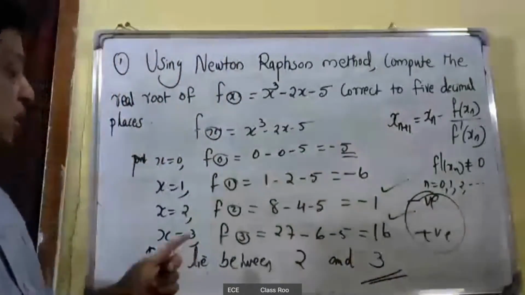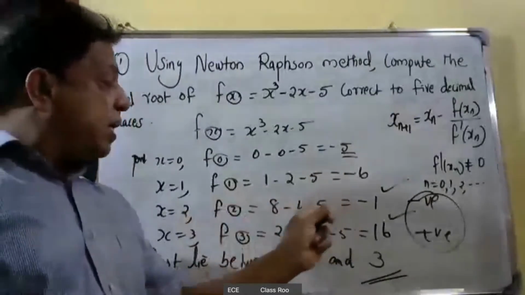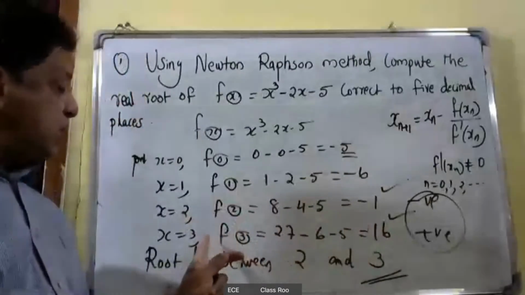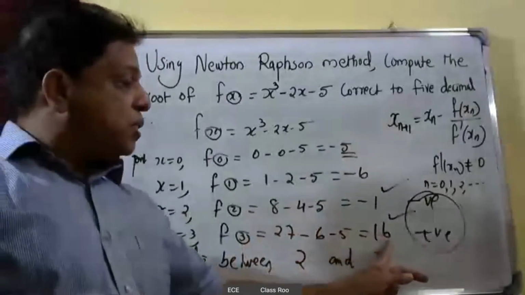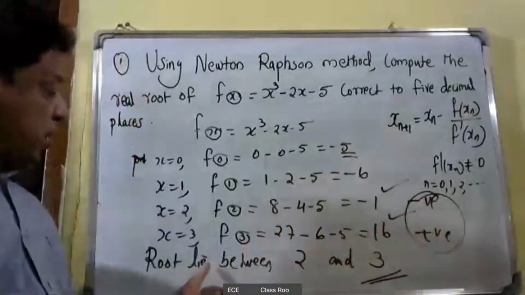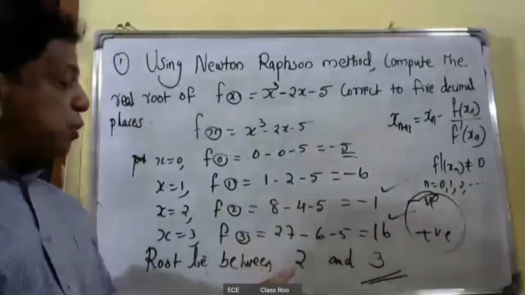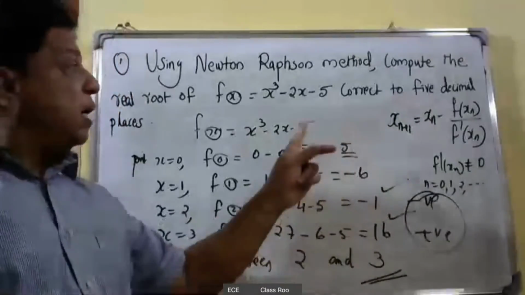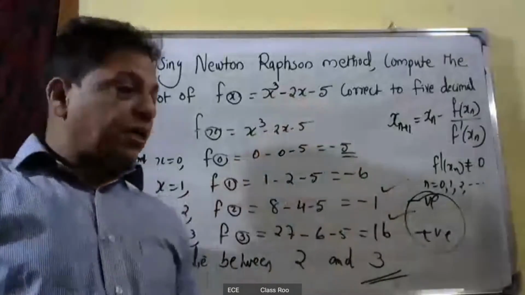The reason is when we put x is equal to 2, we get f of 2 is equal to minus 1, and when we put x is equal to 3, we get f of 3 is positive. Going from negative to positive, we conclude that the root lies between 2 and 3. Then we can find the real root correct to 5 decimal places.